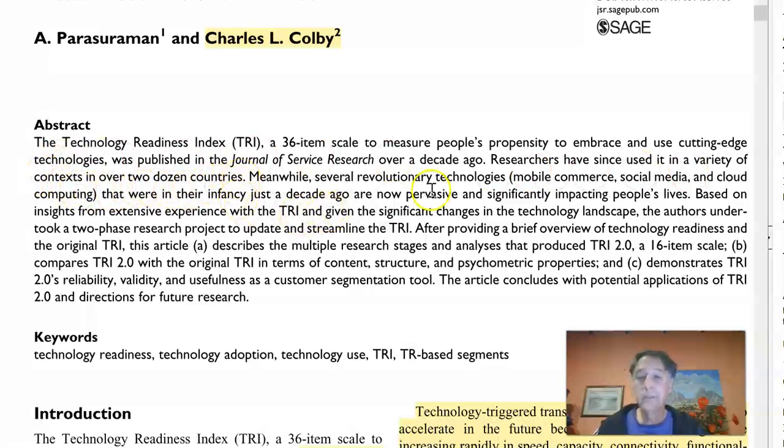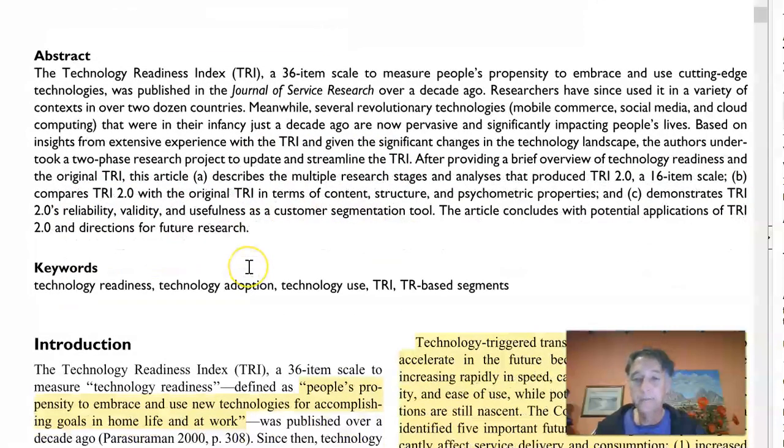Meanwhile, several revolutionary technologies that were in their infancy just a decade ago are now pervasive and significantly impacting people's lives. Based on insights from extensive experience with the TRI and given the significant changes in the technology landscape, the authors undertook a two-phase research project to update and streamline the TRI, and that's where the TRI-2 came from.